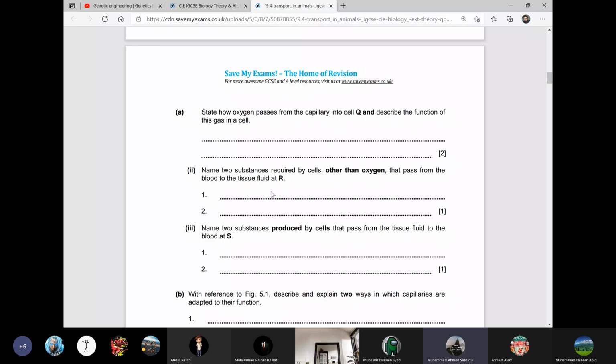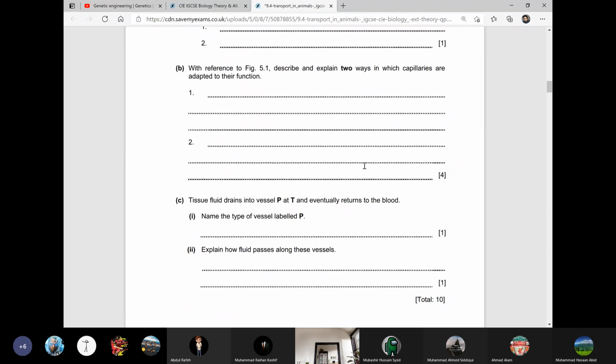We learned that when glucose breaks down by joining with oxygen, carbon dioxide and water are produced. All right. And you can write urea as well. Urea is a metabolic waste. All right.